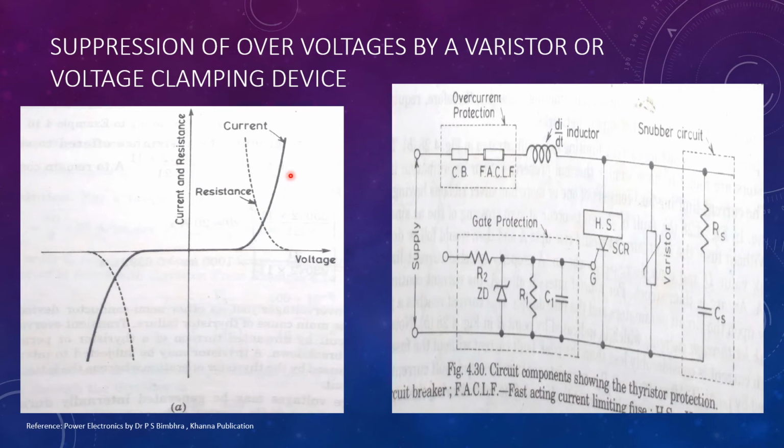The increased current associated with the virtual short circuit produces an increased voltage drop in the source and line impedances, and as a result, voltage across the SCR is clamped to a safe value. After the energy surge is dissipated in the nonlinear resistor, the operation of the voltage clamping device returns to its high resistance region.